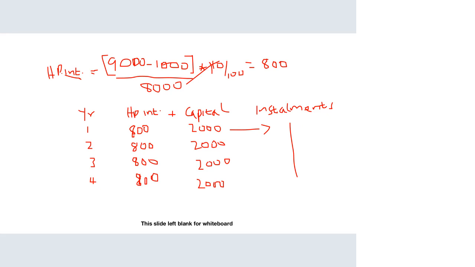So maybe I can write that first: total hire purchase interest.